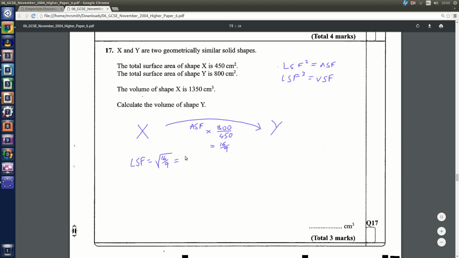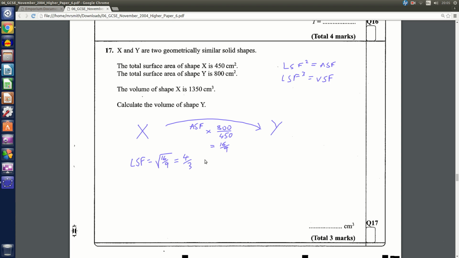And that's quite easy to do, it's 4/3. That's why I was happy about the numbers, because this came up on a non-calculator paper, and you wouldn't want to be square rooting something ugly. You want to be square rooting something which is square at the top and square at the bottom.